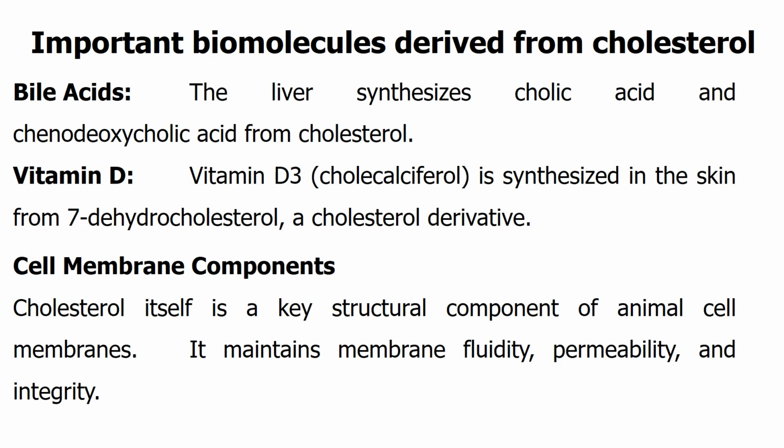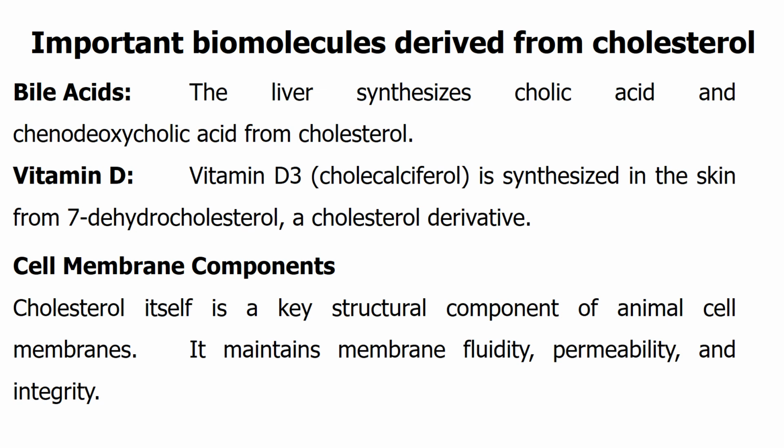Important molecules derived from cholesterol. There are other important molecules that are derived from cholesterol. Examples are the bile acids, vitamin D, and others like the eicosanoids, the inflammatory molecules.